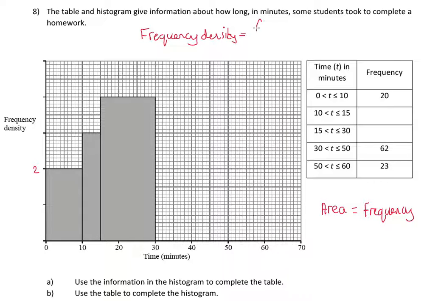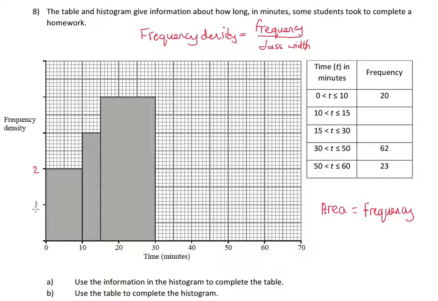So it's frequency, amount of stuff, per, which means divide, space. And in this case we're talking about the group width or class width. Okay, and you can use a formula triangle to remember these and help you rearrange it as well.